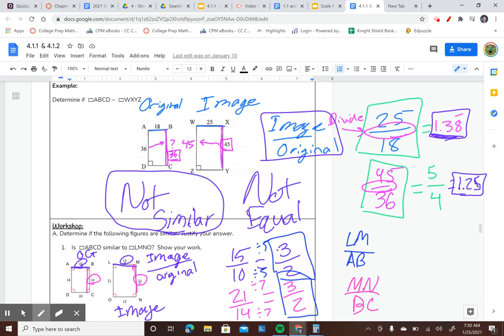And notice we don't have any new side lengths because NO is just going to be a mirror image of LM, just like LO is going to be a mirror image of MN because they're rectangles. So this is all we have to do. Since they are equal ratios, then we can say that they are similar.